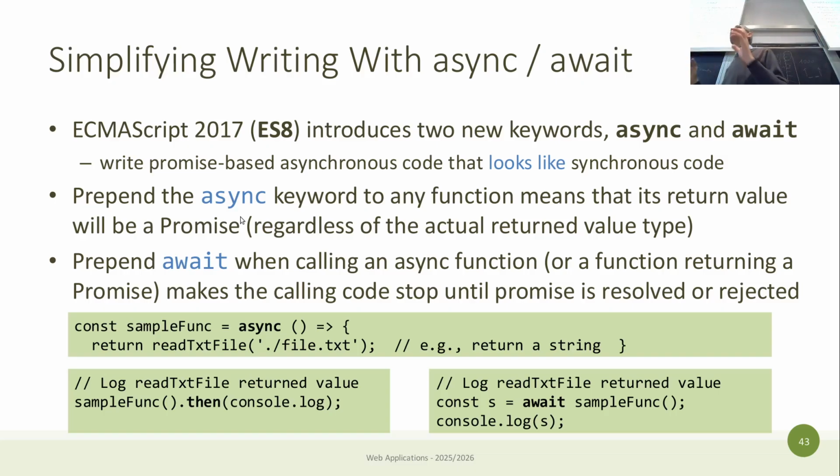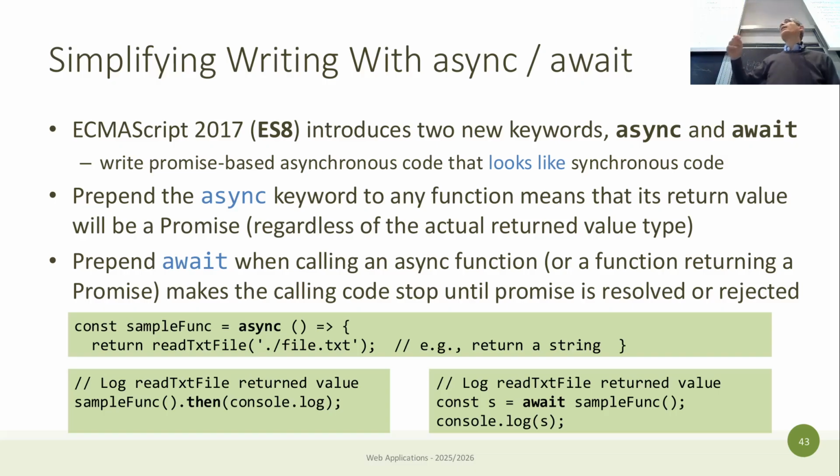So it makes it an asynchronous function. And you don't have to care to write return a new promise, etc. It is done automatically. That's the advantage of using this keyword.